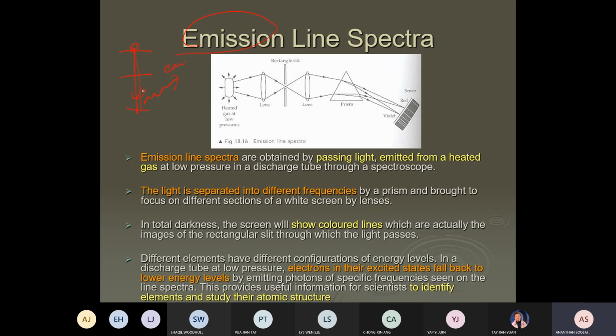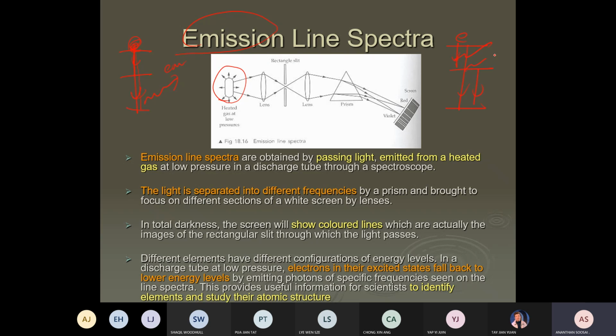So for the electron to go down, originally, what type of gas needs to be used? Must use hot gas. Why hot gas? So that initially the electron is at the highest state. So you use a hot gas. When you wait for a while, what happened? The electron will slowly transit. If you got 3 energy levels, the electron will transit 1, 2, and 3.